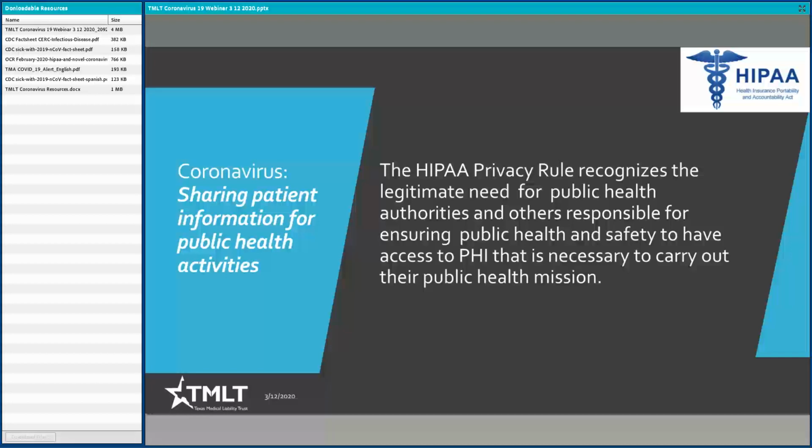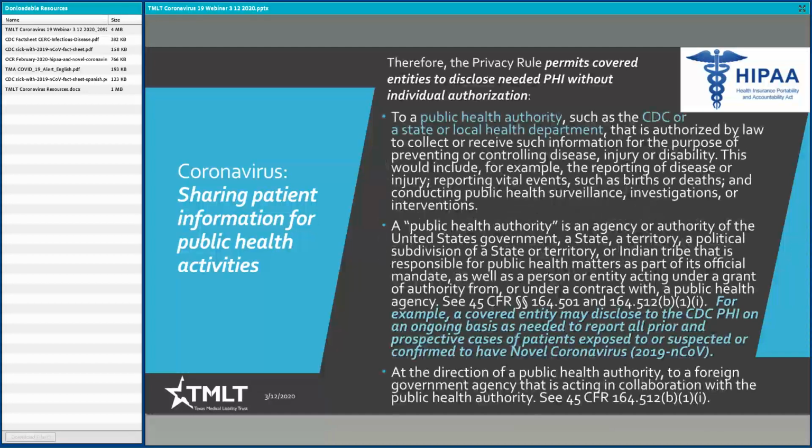You can share information with public health authorities. The HIPAA privacy rule recognizes the legitimate need for public health authorities and others responsible for ensuring public health and safety to have access to PHI that is necessary to carry out their public health mission.